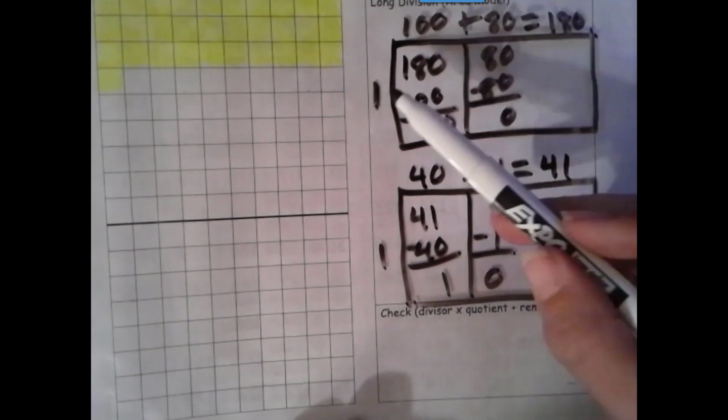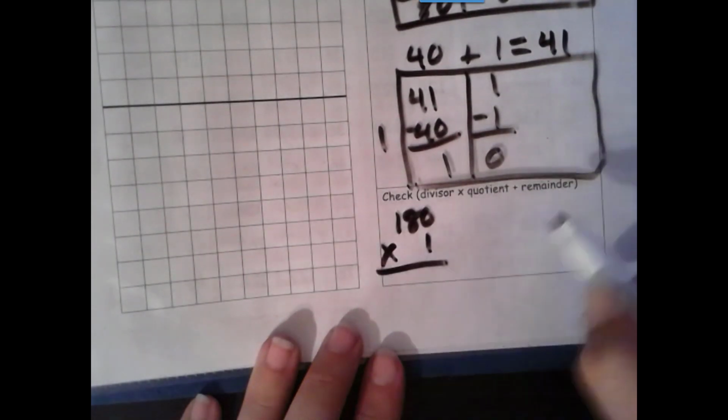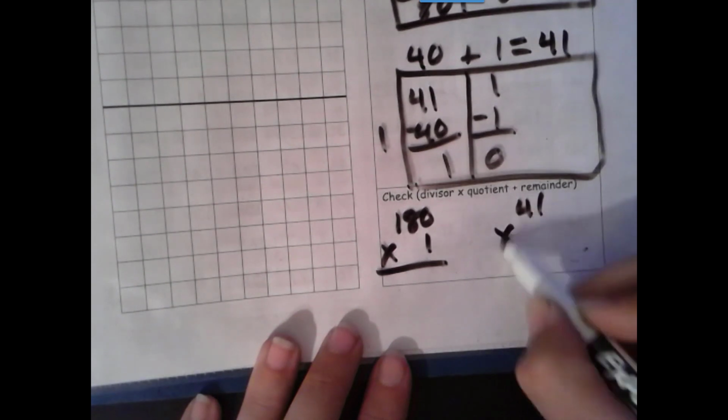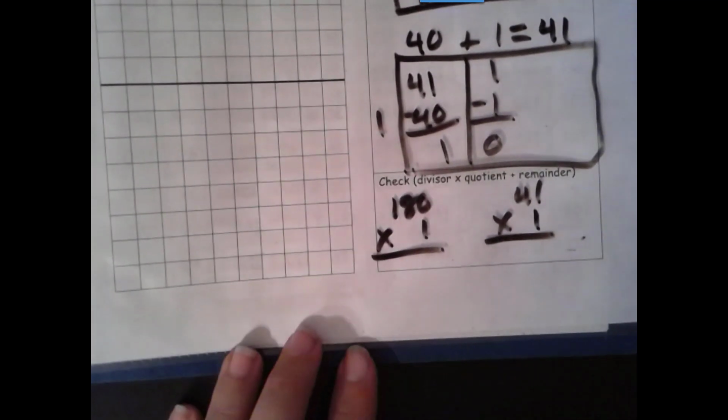Now we still want to check. Divisor times quotient plus remainder. Since our remainder is 0 for both, and the identity property of addition says when you add 0, it stays the same, we don't need to actually add it.